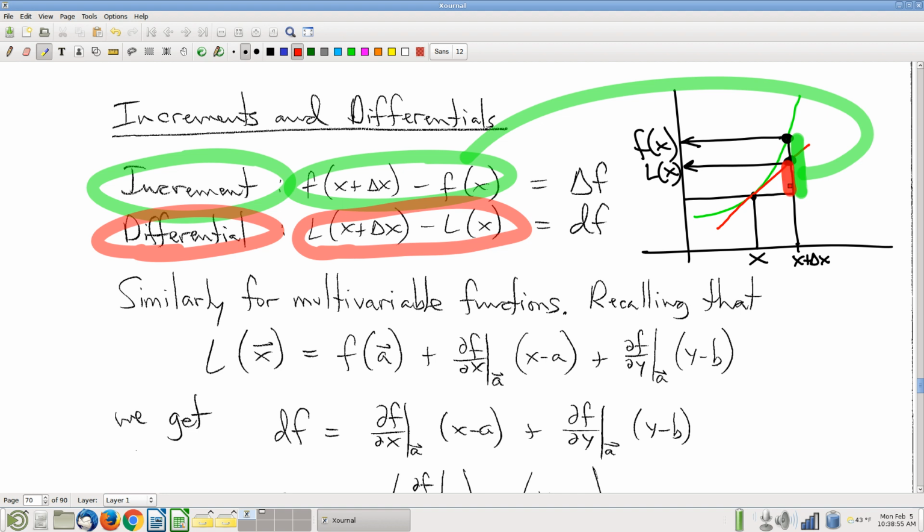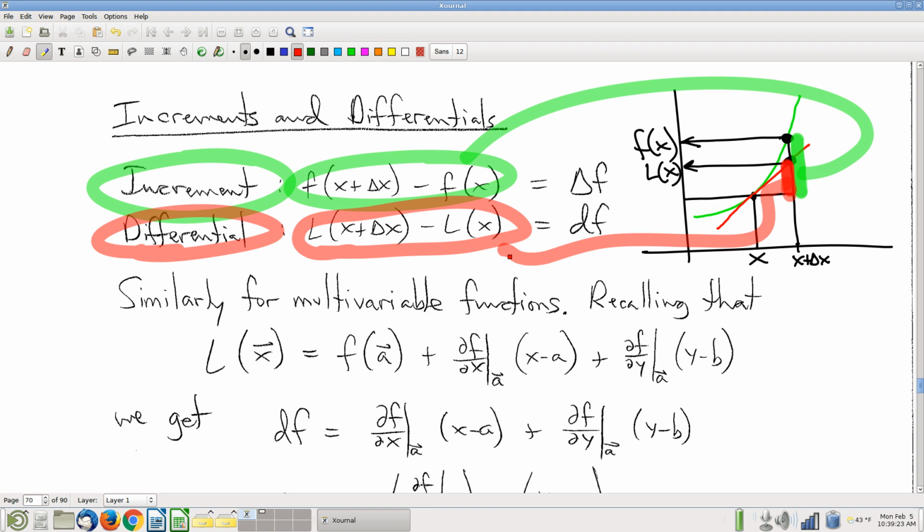The linear approximation of how much the function changed. So the increment and the differential, not the same thing. I hope these are familiar ideas, that you remember these from single variable calculus class. So one way to say it is differentials are a way of approximating increments. Differentials are a way of approximating how much a function's actually changed. Just an approximation.